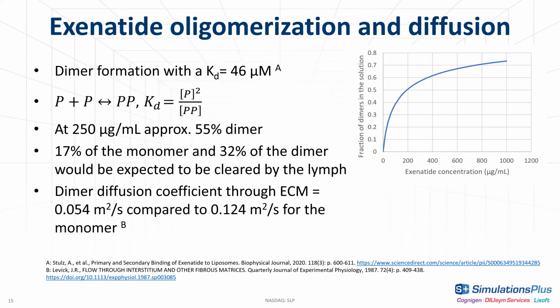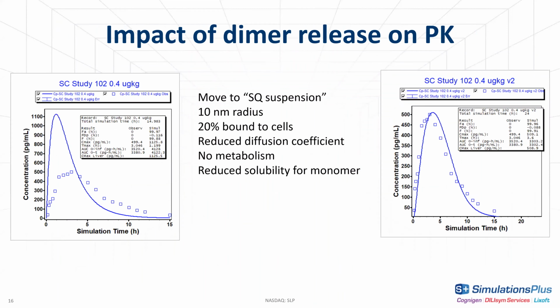So when you put this all together in the simulation, if you move from a subcutaneous solution to a subcutaneous suspension, if you put a radius now for your suspension, if you assume binding, if you reduce the diffusion coefficient, you still don't have any metabolism, but you can also reduce the solubility for the monomer because it will have to release from the dimer.